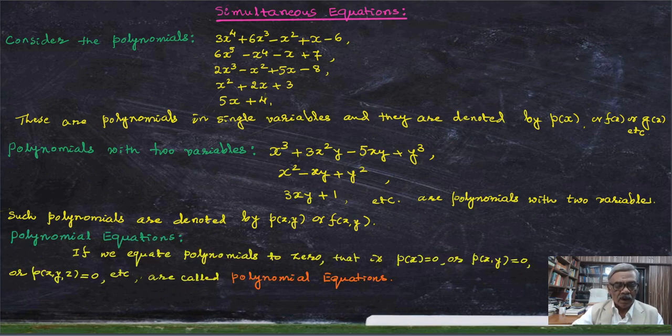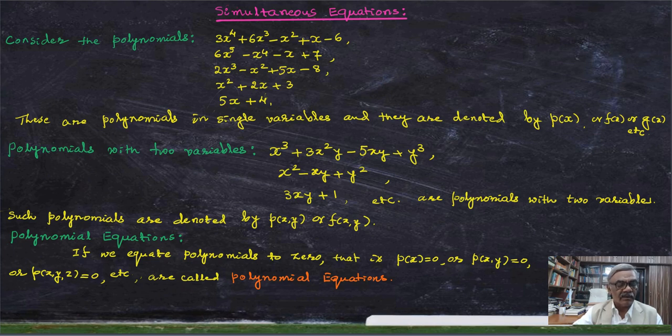Now, polynomial equations. What do we mean by a polynomial equation? If we equate the polynomials to 0, that is p(x) equal to 0 or p(x,y) equal to 0 or p(x,y,z) equal to 0, etc., they are called polynomial equations.